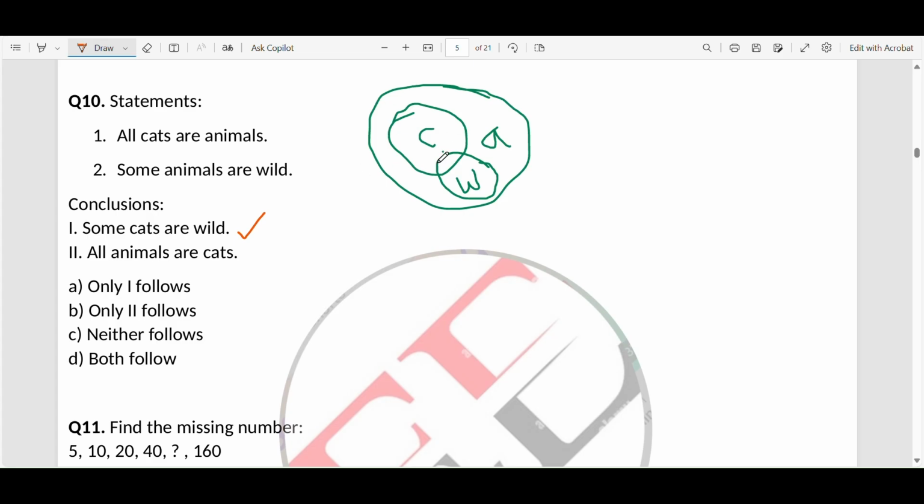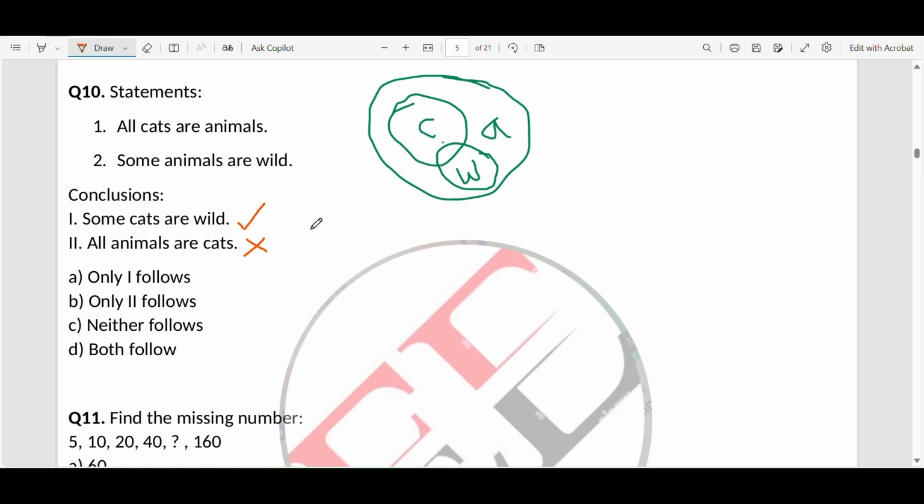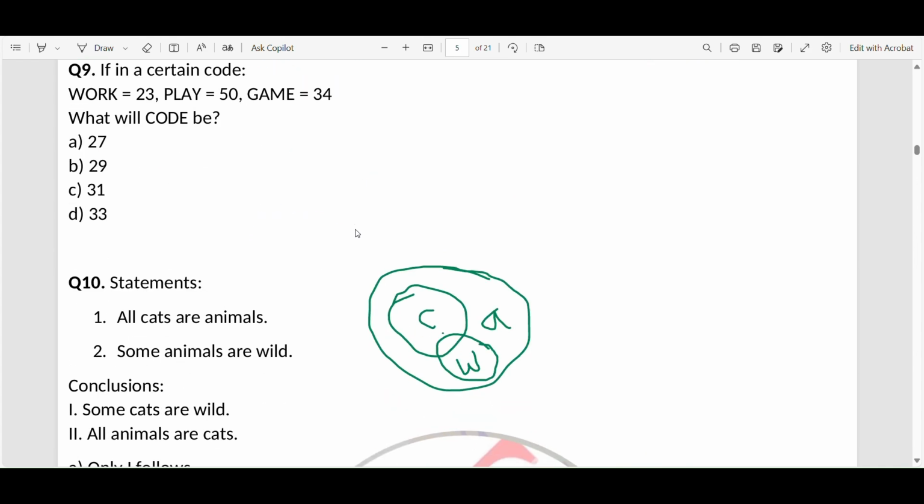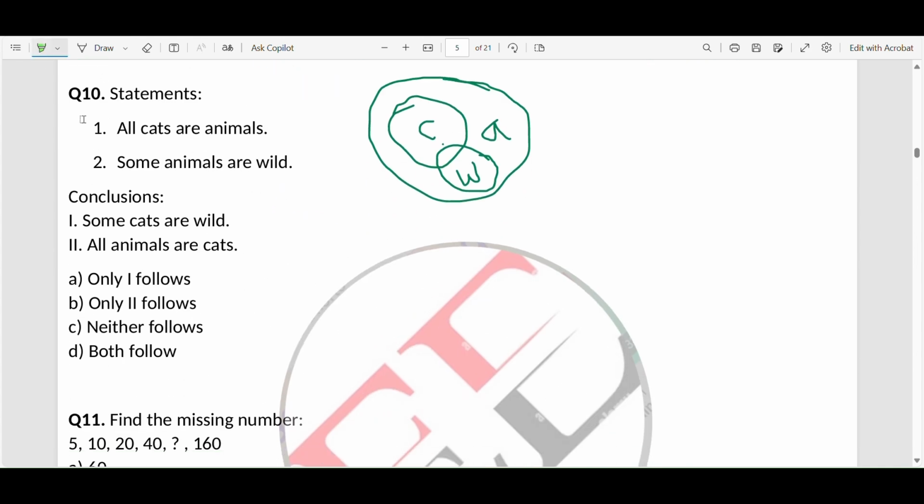All animals are not cats, but all cats are animals, right? So this is false. I hope you have understood this. So only one follows, some cats are wild. This is the correct option here.